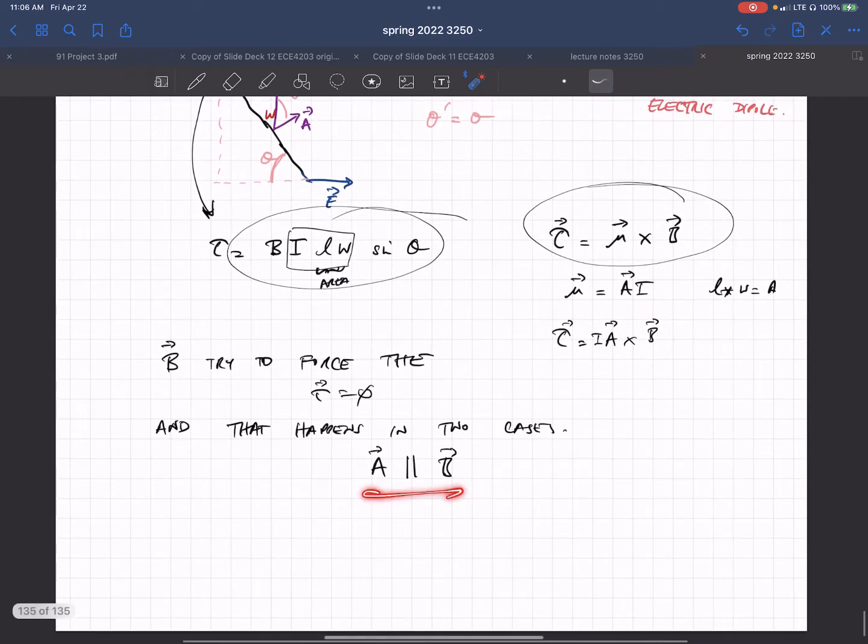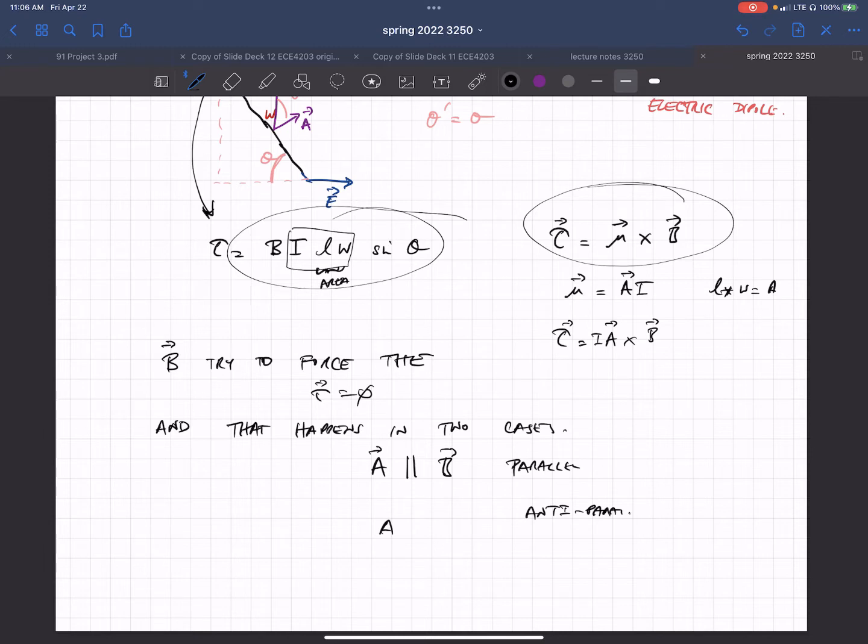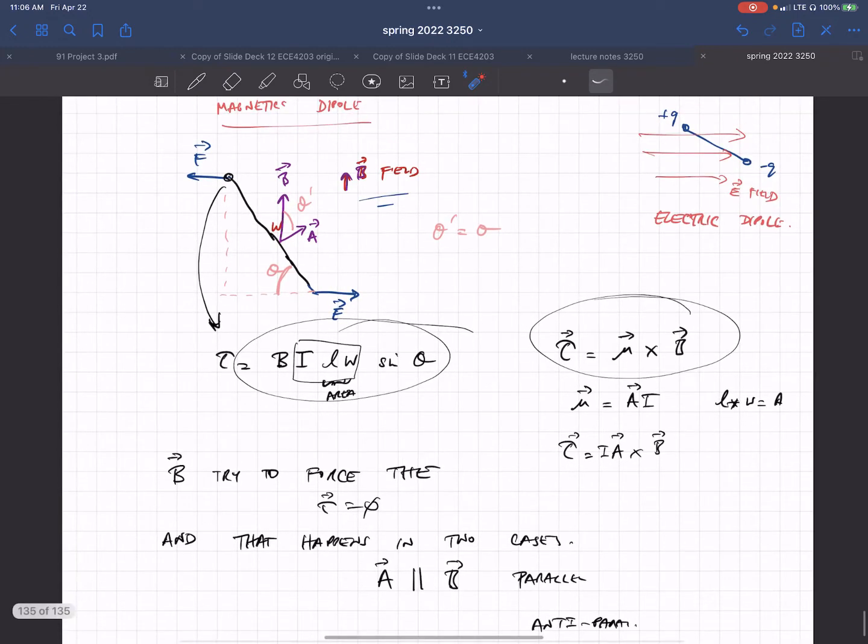So it's either they're parallel, or anti-parallel. And that's the case when this loop is flipped the other way. Okay, so that A is pointing exactly opposite to B. So those are the two options.